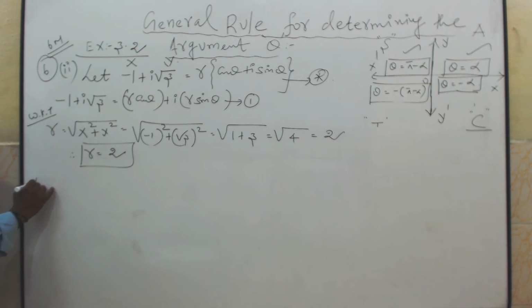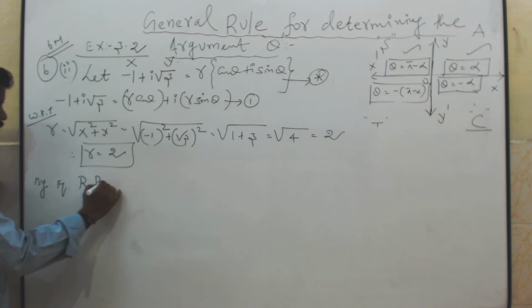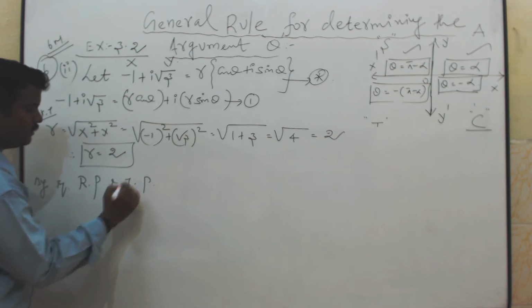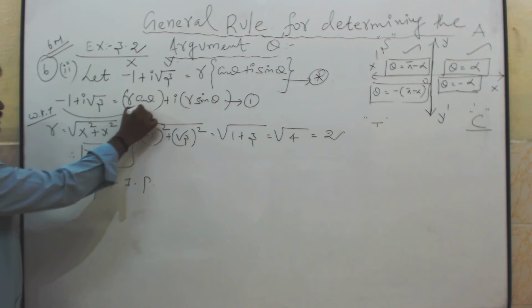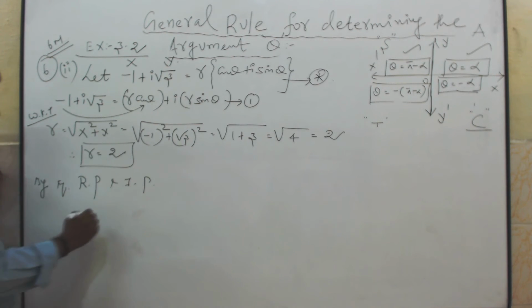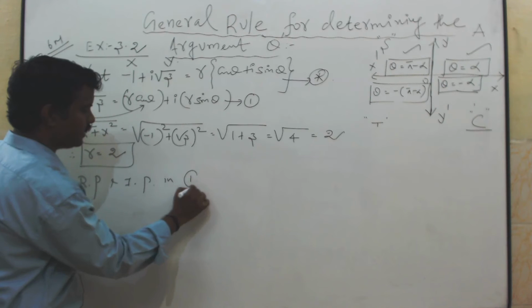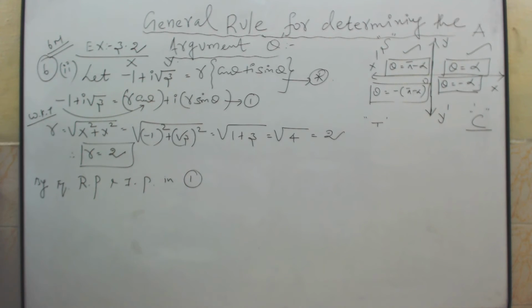Next one, by equating real part and imaginary part, we get, equate the real part and imaginary part in equation 1. Okay. So you will get -1 is equal to R into cos theta, and root 3 is equal to R into sin theta.